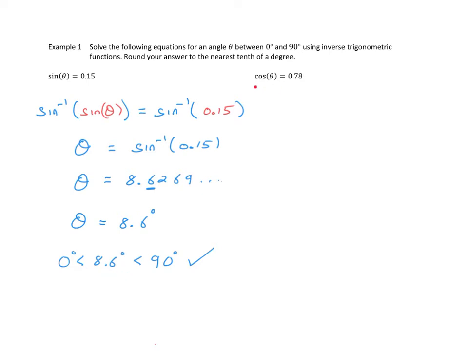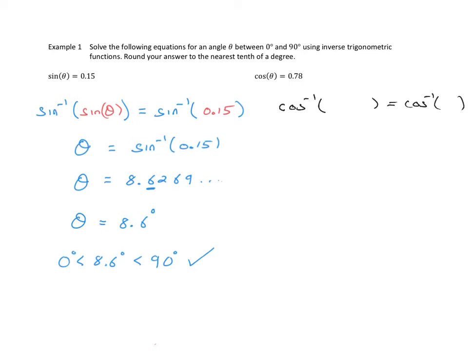We can use almost identical logic over here on cosine theta equals 0.78. The only difference is I'm going to apply cosine inverse to both sides of my equation. So this one will look like this. I take cosine inverse of both sides of the original equation.